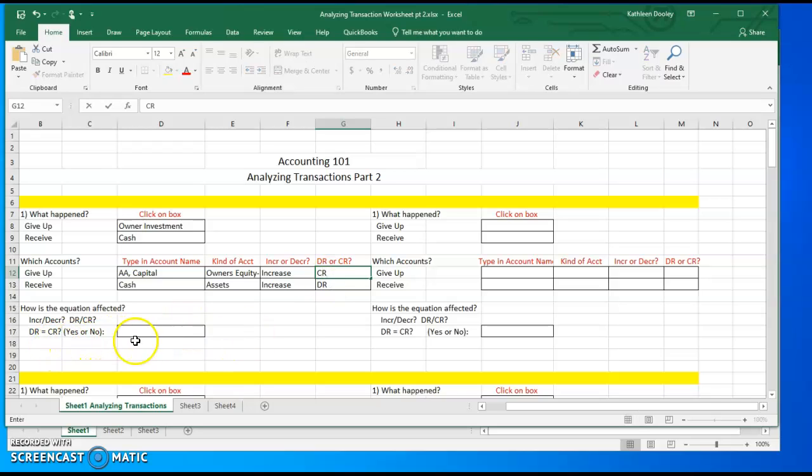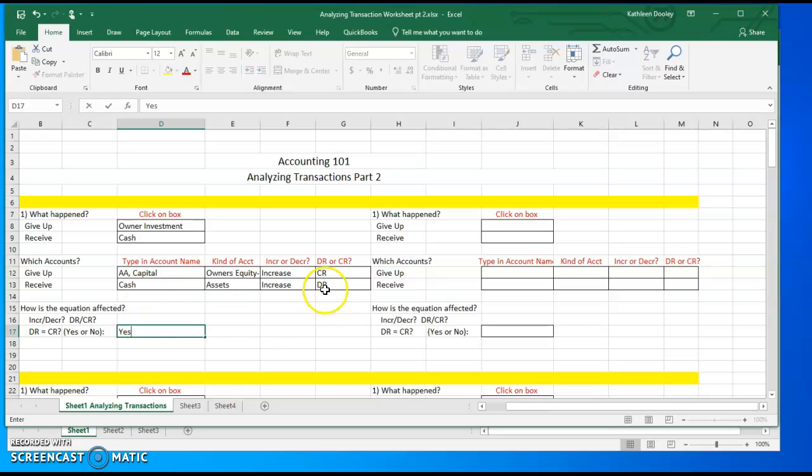My final step is to say, do the debits equal the credits? That means, are there as many dollars in debits as there are in credits? If the debits are equal to the credits, then the accounting equation is automatically in balance. Notice that we don't have any A equals L plus E where you have to put pluses and minuses anymore. This is analyzing transactions part 2, which deals with the debits and credits. I have one debit and one credit, so yes, they are equal.